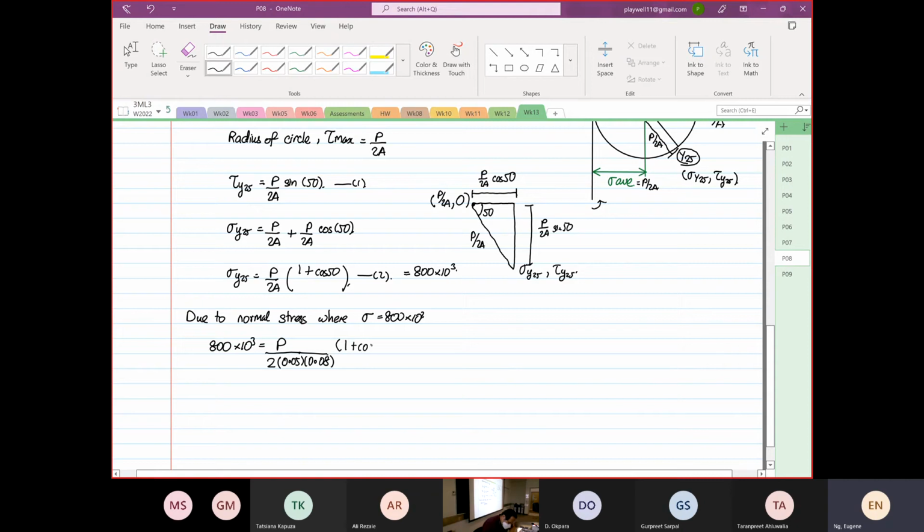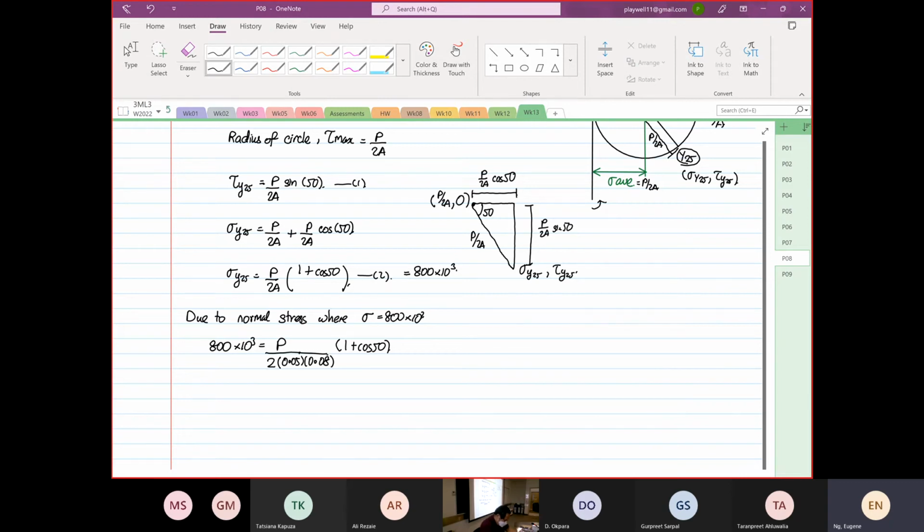Times (1 plus cos 50). So P equals 800 times 10 to the power 3 times 2 times 0.05 times 0.08, divided by (1 plus cos 50).